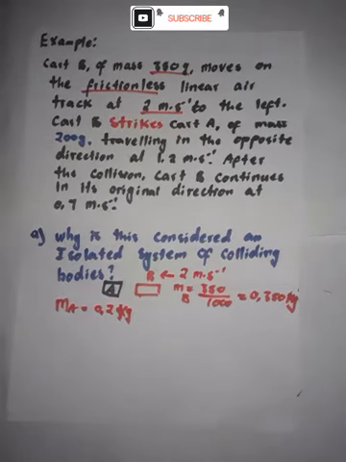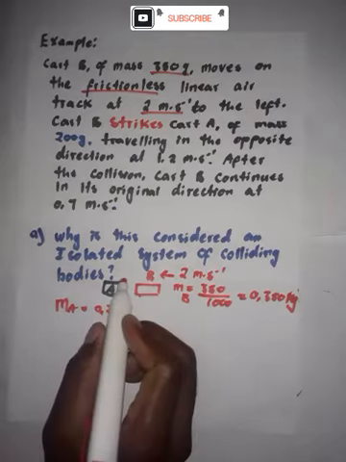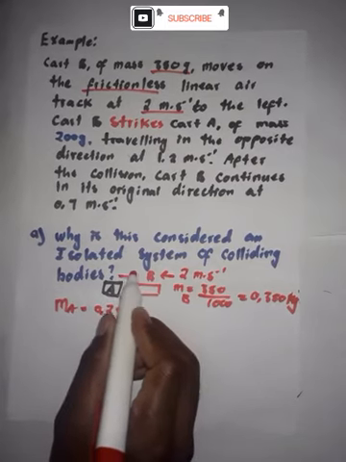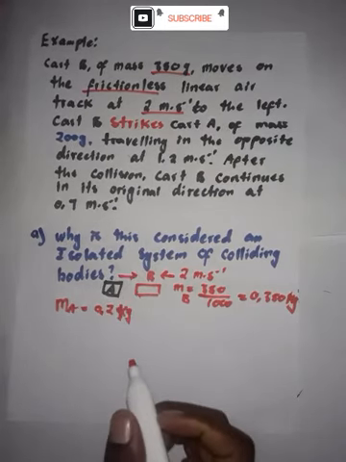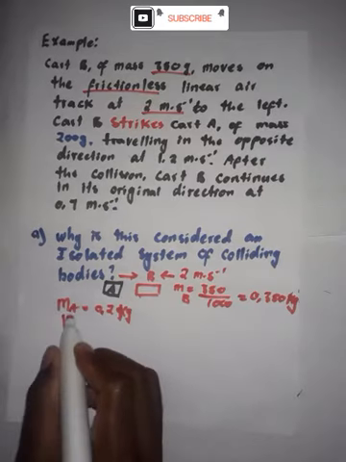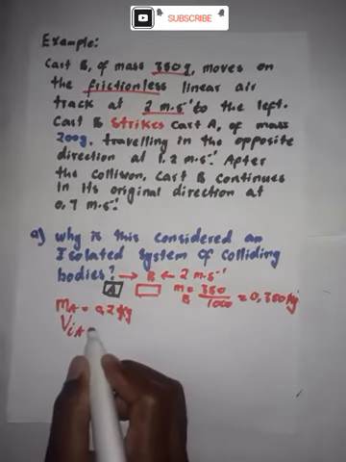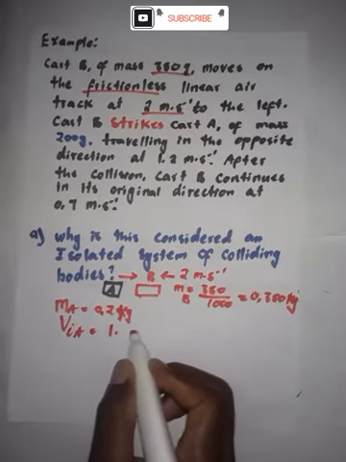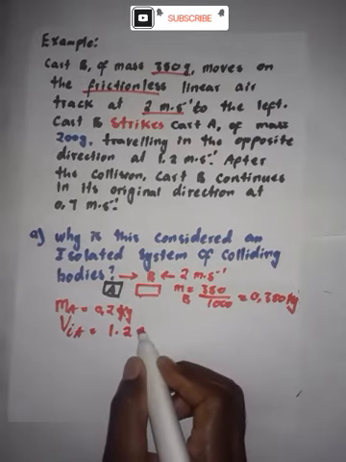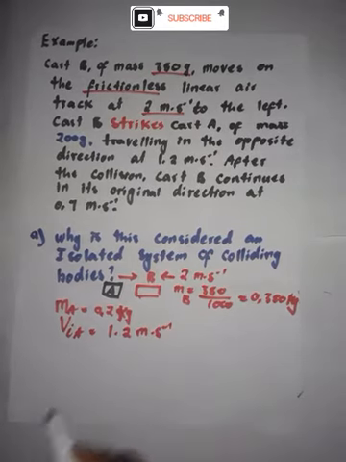I converted that already. Traveling in the opposite direction at 1.2 meter per second. So it's going in this direction with v initial of A, which is 1.2 meter per second.